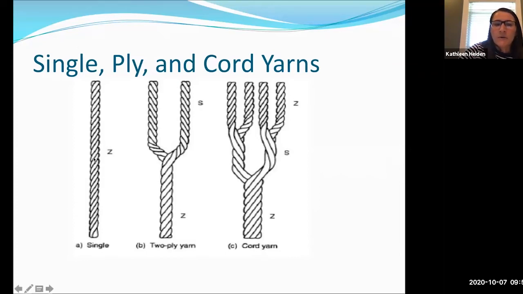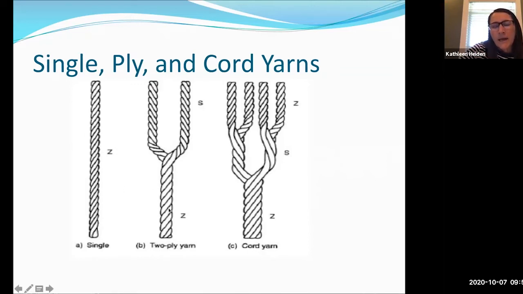So a single yarn can be spun from staple fibers, or it can put multiple filaments together to make that single, or it could be a monofilament. Okay. So we have singles.